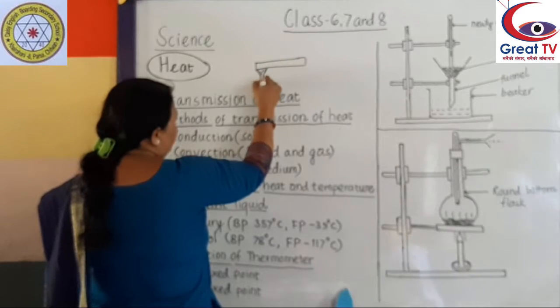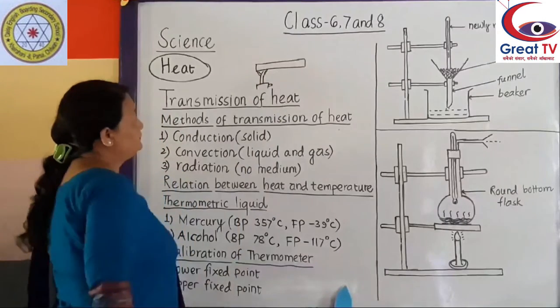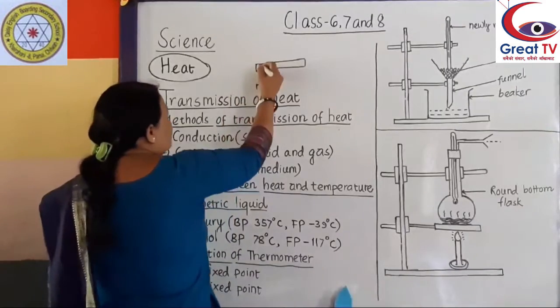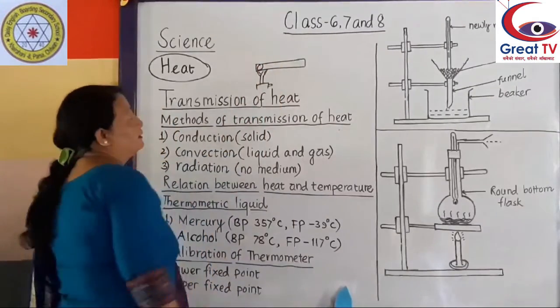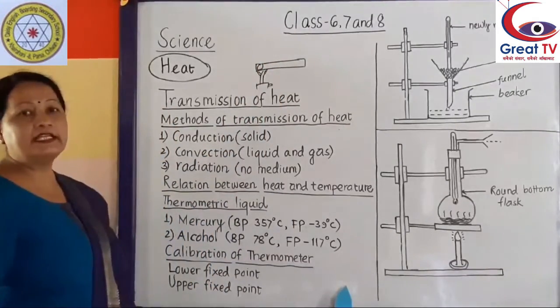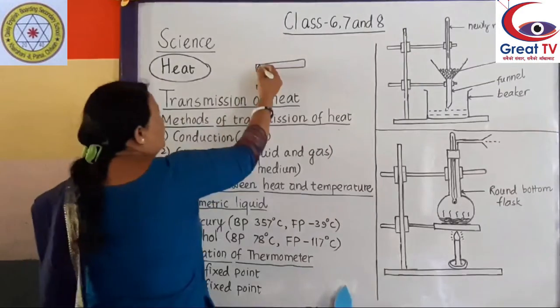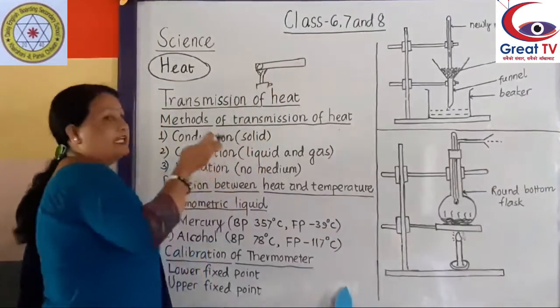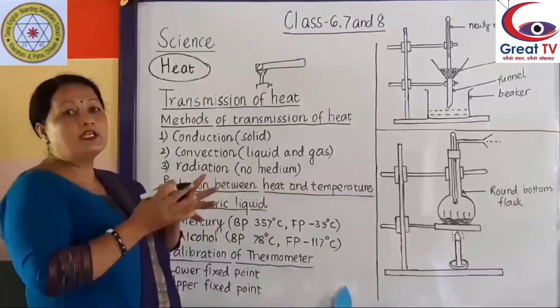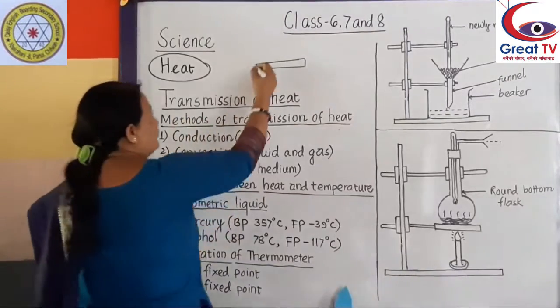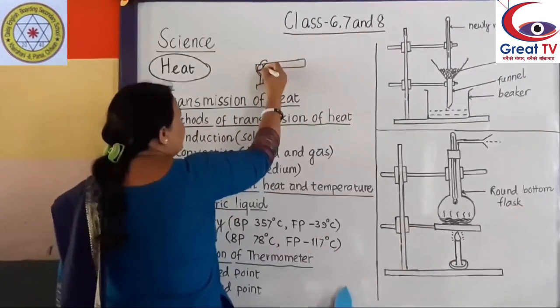You will see the first molecule of the iron rod gets heated, and when it gets heat from the burner, it vibrates and transfers heat to the second molecule.